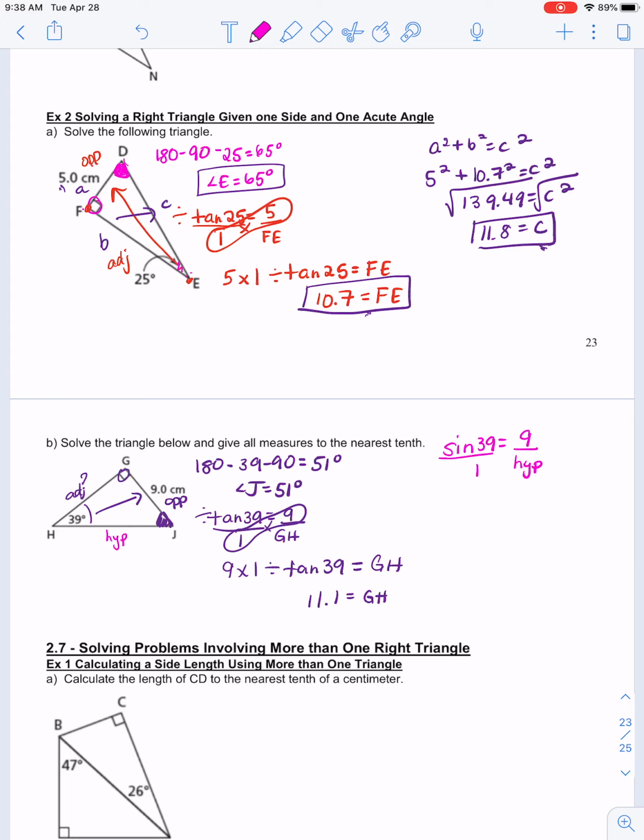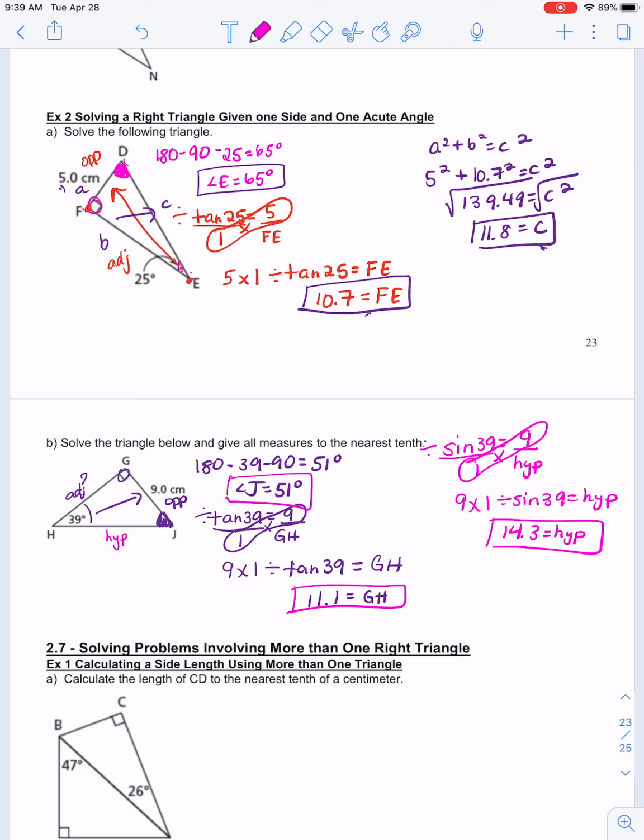So I'm going to set it up as a ratio, cross multiply, and divide by what's left over. In our calculator, 9 times 1 divided by sine 39 will give me that hypotenuse. So that is 14.3 is equal to my hypotenuse. Again, the hypotenuse should be the longest side, which it is.